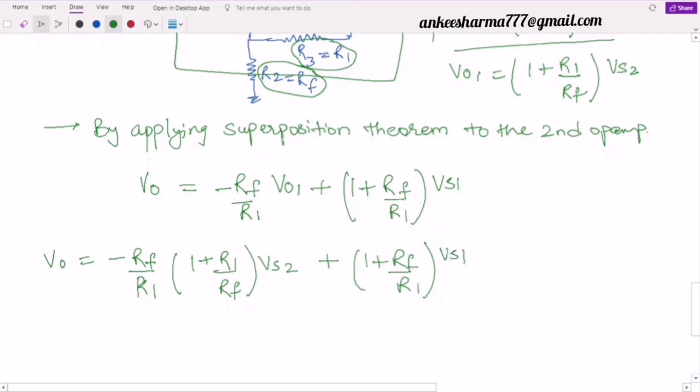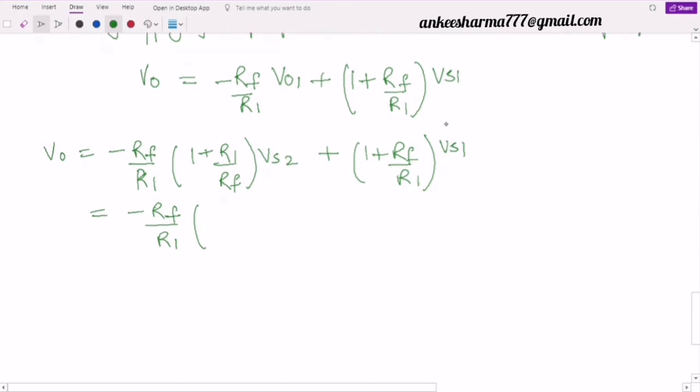Right? So by solving it, you can solve it. What we will get, if we take the LCM over here, we will get minus RF by R1 into, when we take the LCM in the numerator, it will be R1 plus RF divided by RF only into VS2 plus, we will take the LCM here also, that is R1 plus RF divided by R1 into VS1.